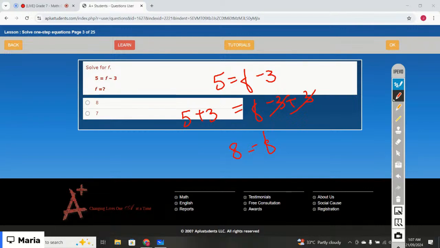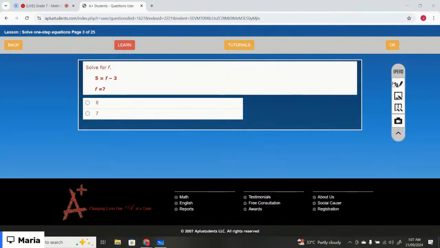So the correct option is option number 1, that is f equals 8.